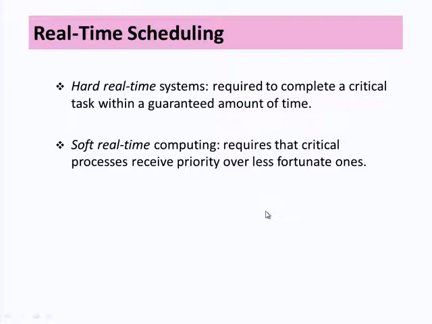So there is a lifetime for this process to get the response. If the response time is less than the deadline, it's excellent. This is what we want to achieve when we design real-time scheduling algorithms: we want the response time to be less than or equal to the deadline for that process.